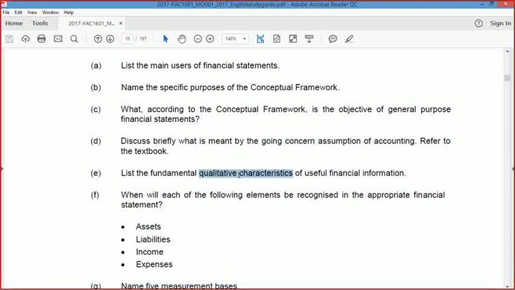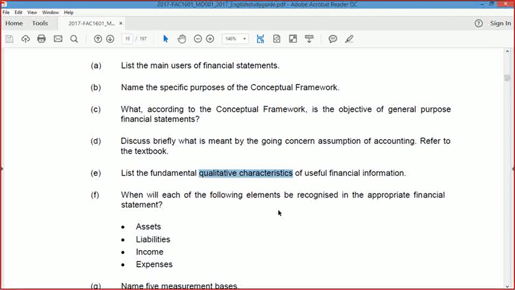Then we need to list some qualitative characteristics. There's a lot here, so maybe just give me two, Kirsty. What characteristics should good quality financial statements have? Correct.